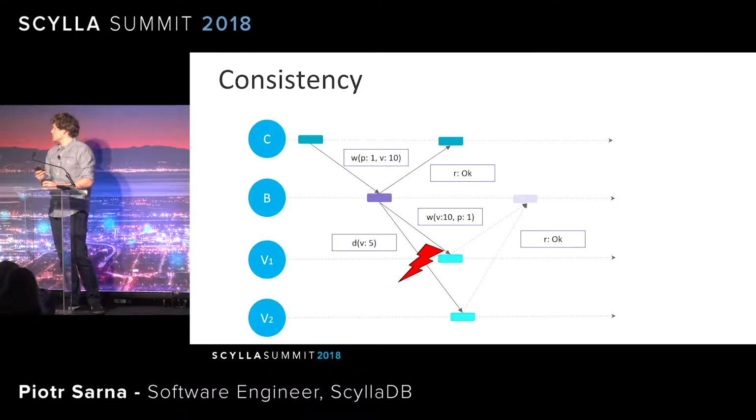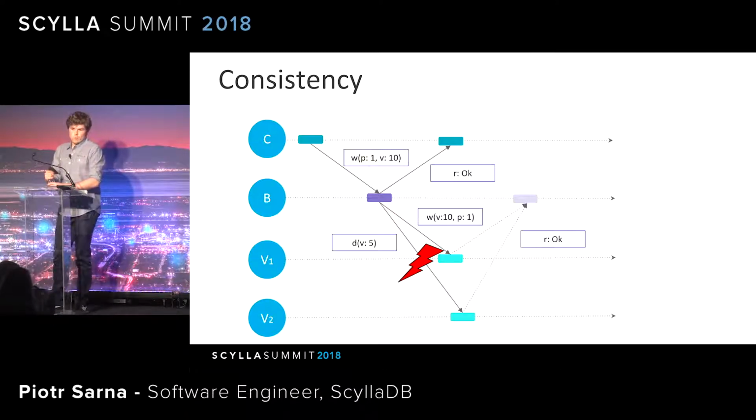But how about now? The coordinator received an acknowledgement from base replica that the write was successful, but at the same time, one of the view replicas failed to get an update. Now we can't just ignore that, because we would lose a view update, so we would go out of sync.